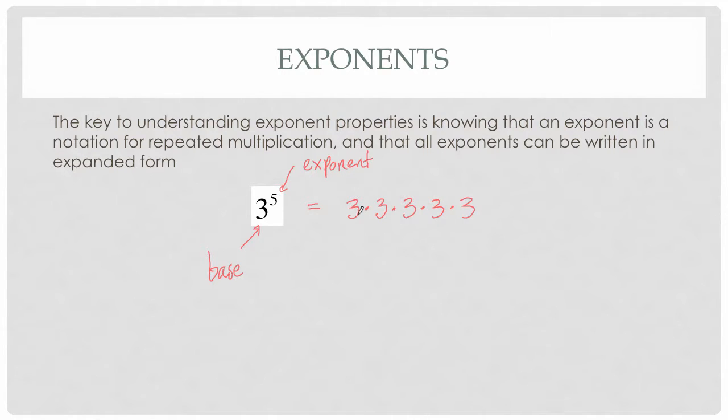So 3 to the 5th is the same as 3 times 3 times 3 times 3 times 3. And if you do all that, 9 times 9 is 81. Is that 243? I'll just check it on my computer as well. 9 times 3, 243, yep.